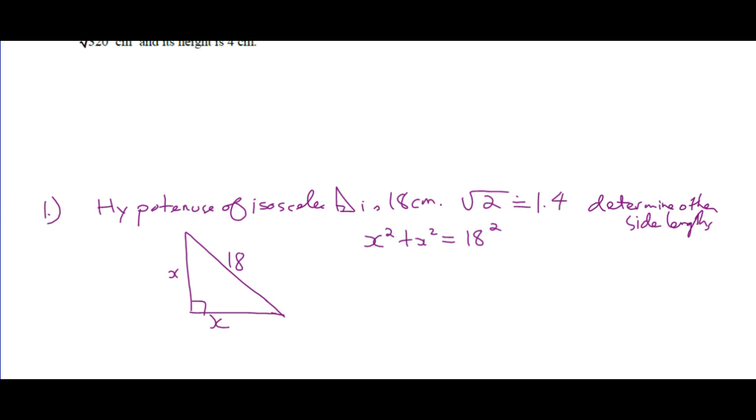So, how many x squareds do we have? 2 of them. So 2x squared is equal to 18 squared. What's the little dot above the equal sign? Little dot above the equal sign means approximately equal to. So x squared then is equal to 18 squared over 2.